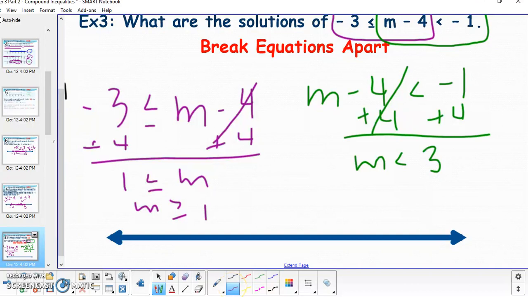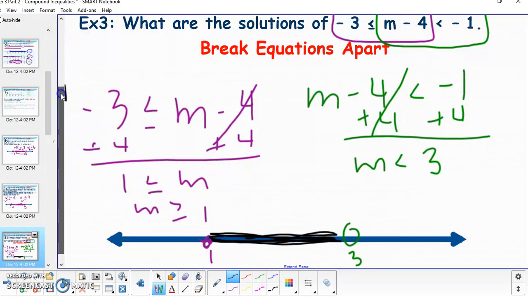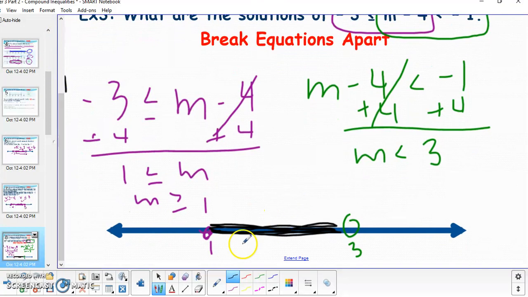Here I have a closed circle at 1. Here I have an open circle at 3. And I am shading the numbers in between these two that will make the entire inequality true. I hope that makes sense.